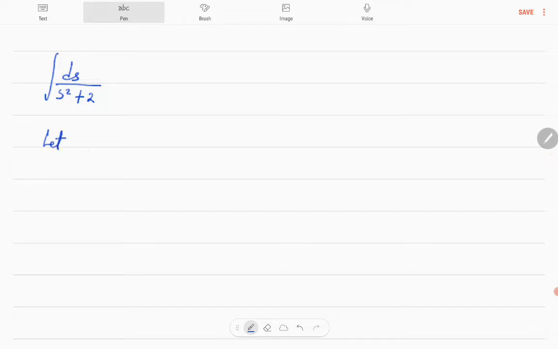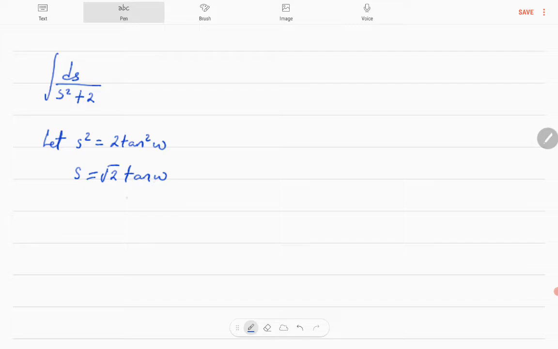Now, when I make s squared equals to 2 tan square w, you find the square root of both sides. I'll have s is equals to root 2 tan w.